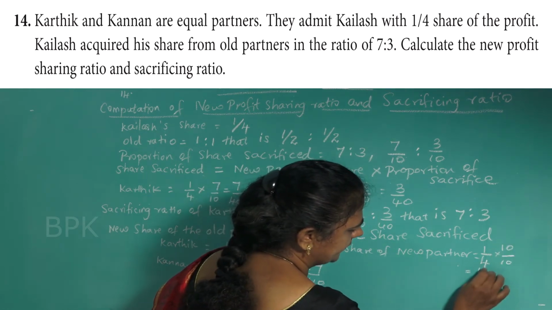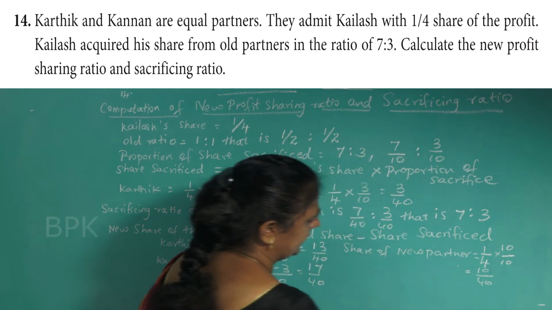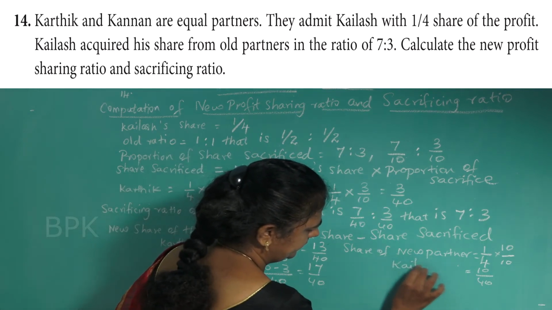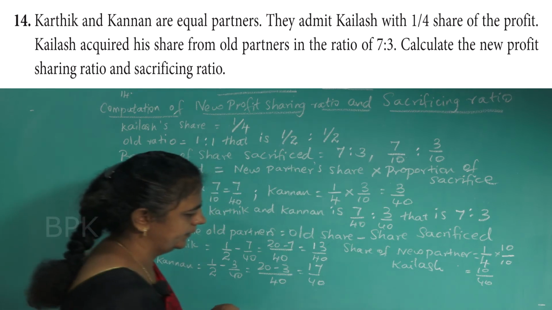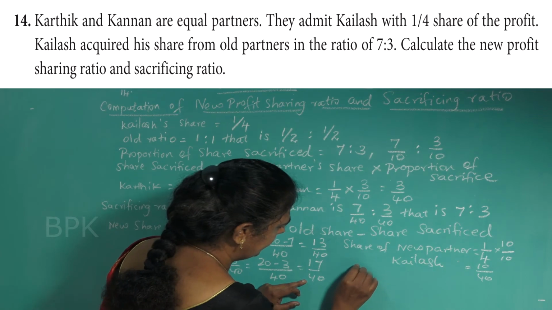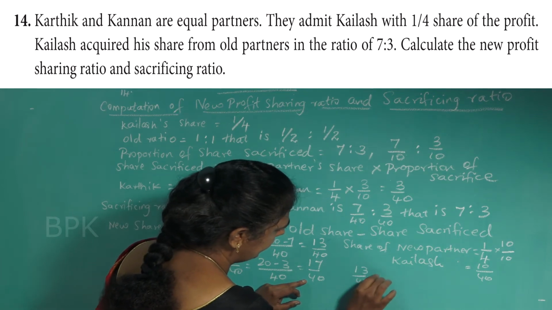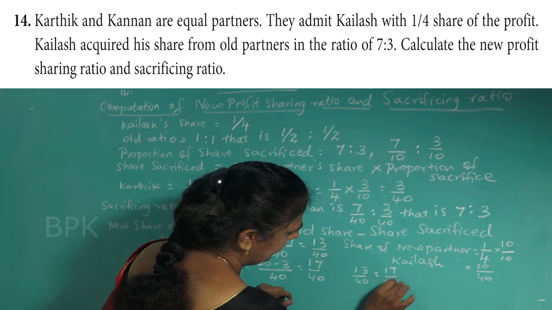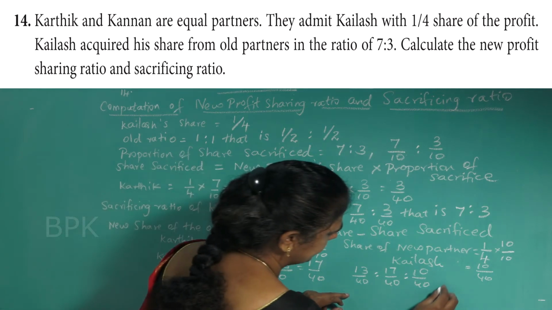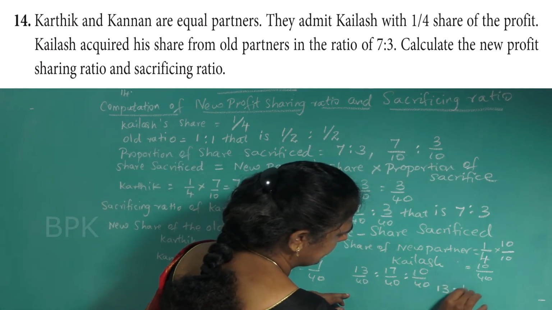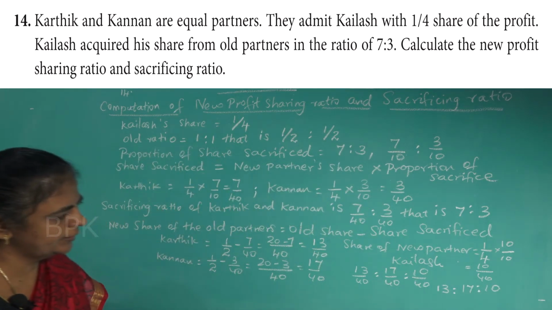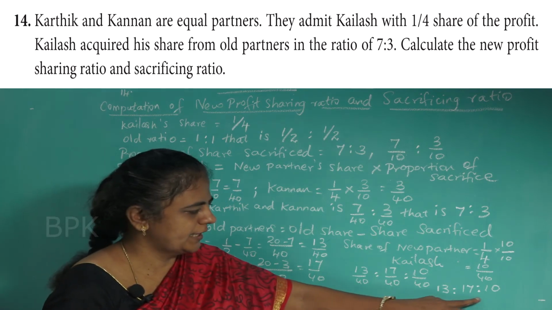So that will give you 10 by 40. That is for Kailash. So the new profit sharing ratio will be 13 by 40 is to 17 by 40 is to 10 by 40, that is 13 is to 17 is to 10. So this is the new profit sharing ratio.